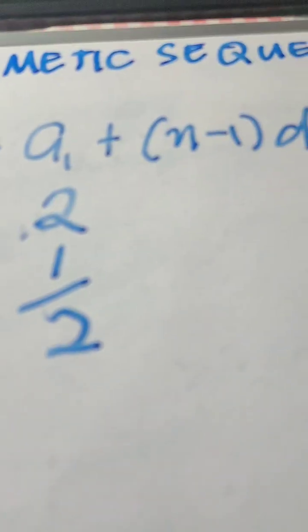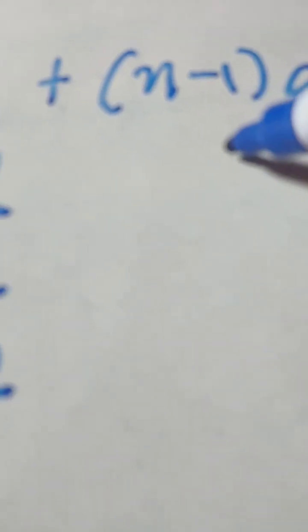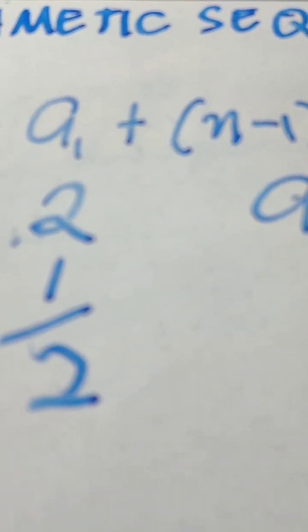These are the things that we need to answer. Okay, so solving for a sub 4, our a sub 1 is 2 plus, remember that our n is 4. So, we have 4 minus 1, and the difference is 1 half.